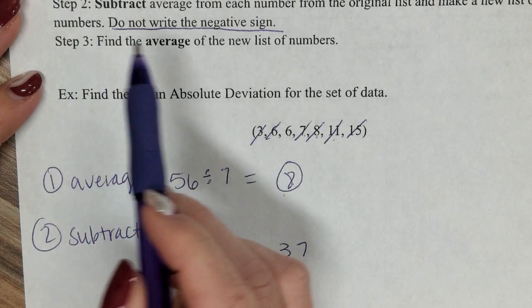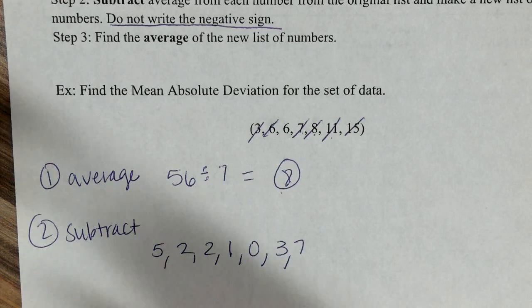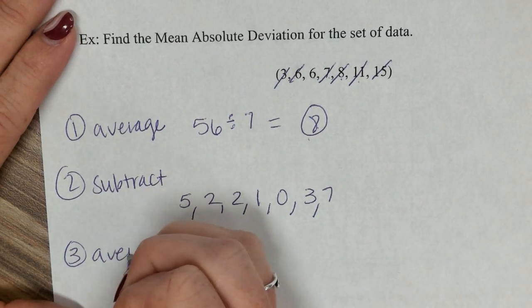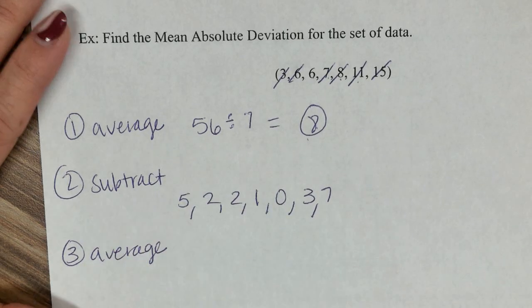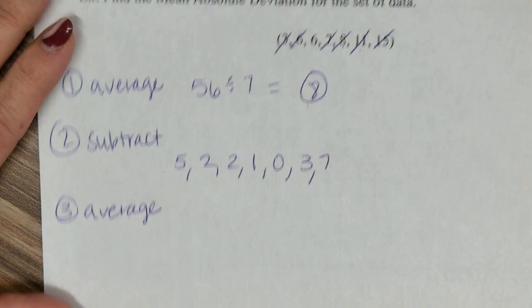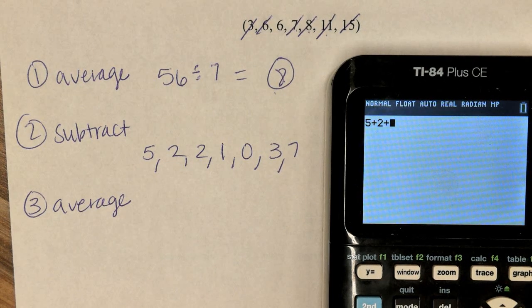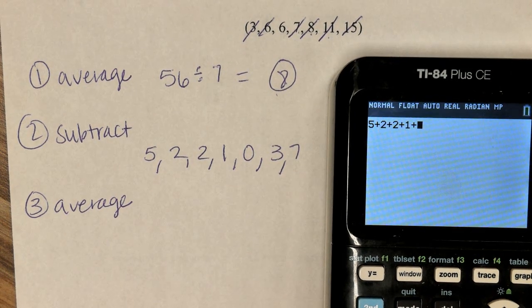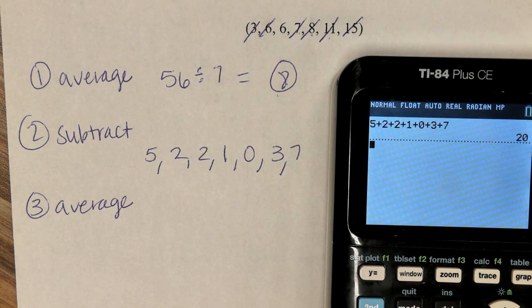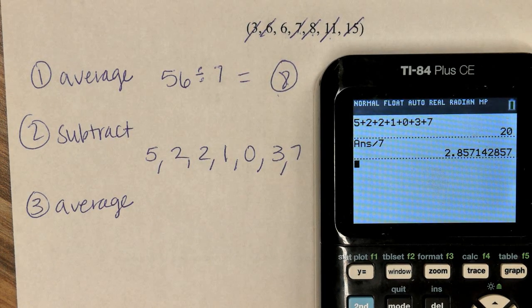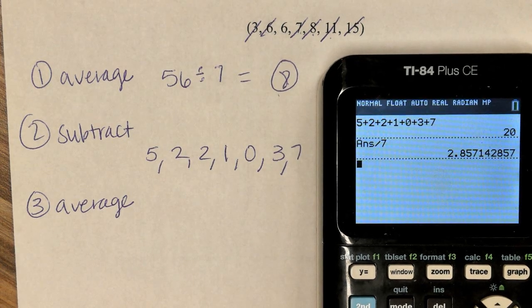Step 3, average your new list. So you're repeating step 1 with the new numbers. So average the new list. So that means add them up and divide by 7 again. So I'm going to do 5 plus 2 plus 2 plus 1 plus 0 plus 3 plus 7 and divide by 7, and my answer is 2.86 if I round.